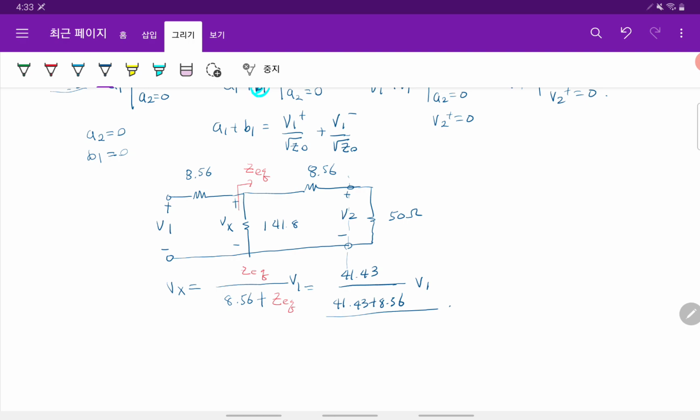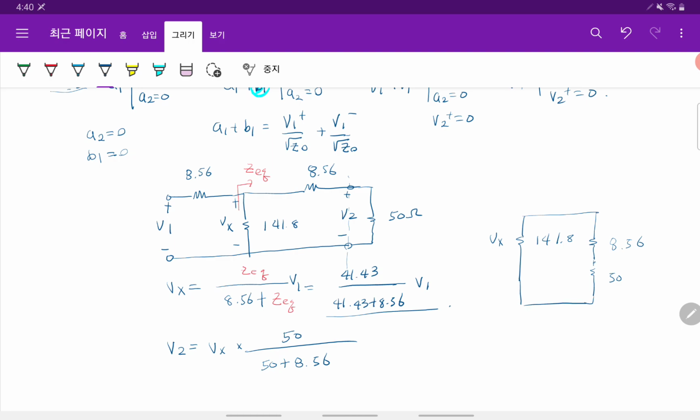And then V2 is basically Vx multiplied by a voltage divider of 8.56 ohm and 50 ohm, right?